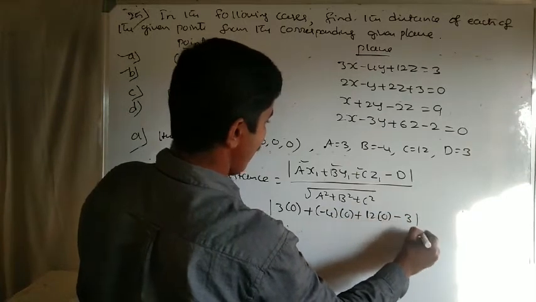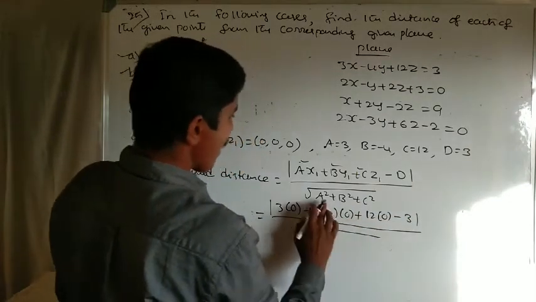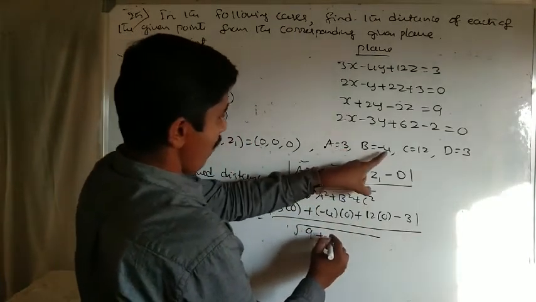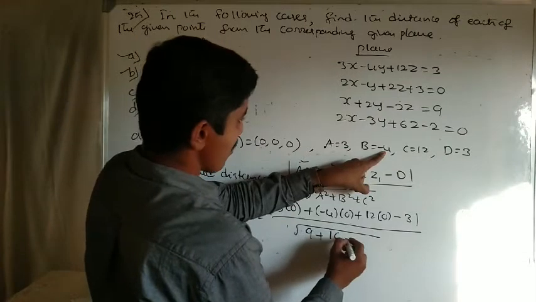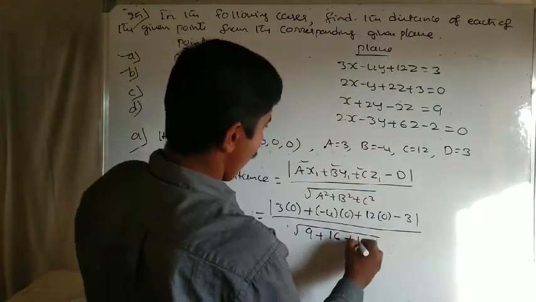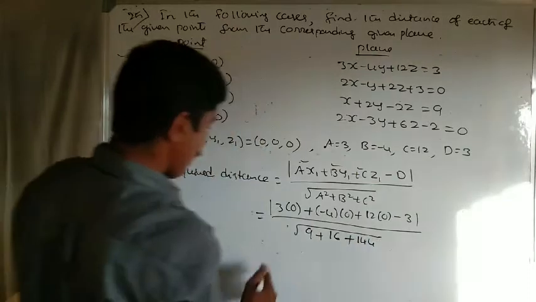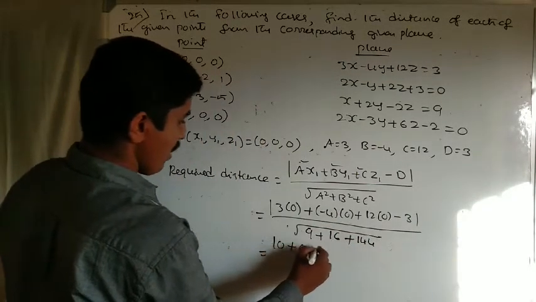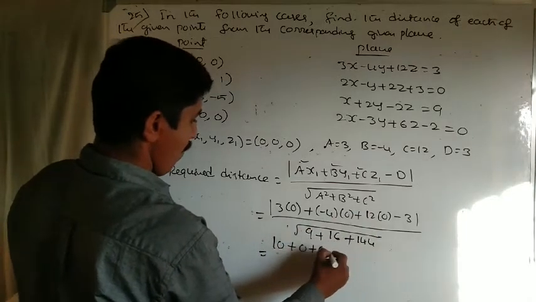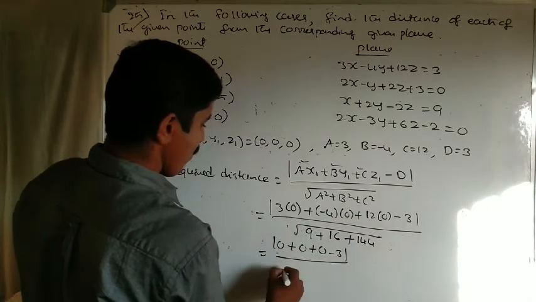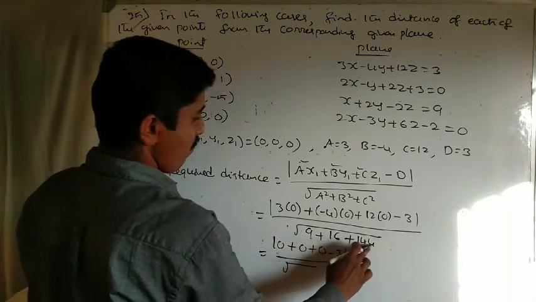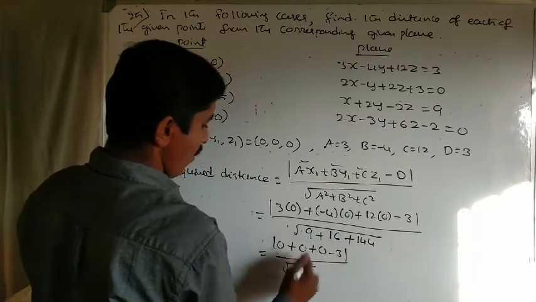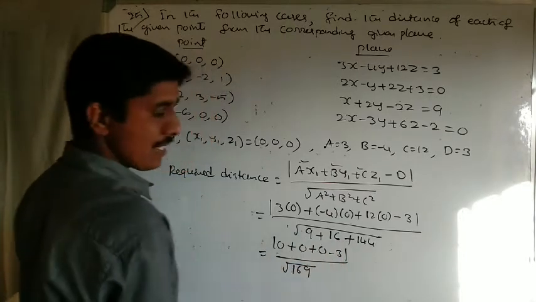minus d value 3, divided by root of a square plus b square plus c square: a square 3 square 9, minus 4 whole square 16, c square 12 square 144. So 3 into 0 plus minus 4 into 0 plus 12 into 0 minus 3, divided by square root of 144 plus 16 plus 9, 169.